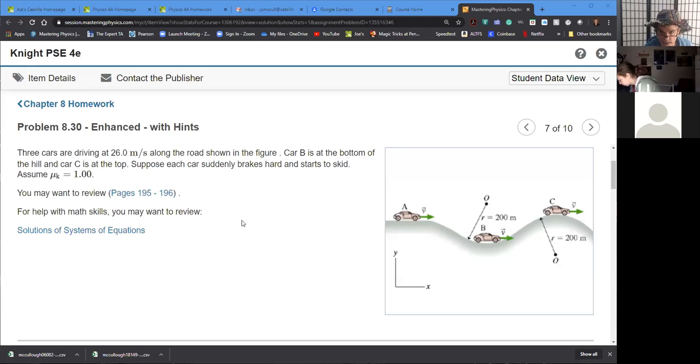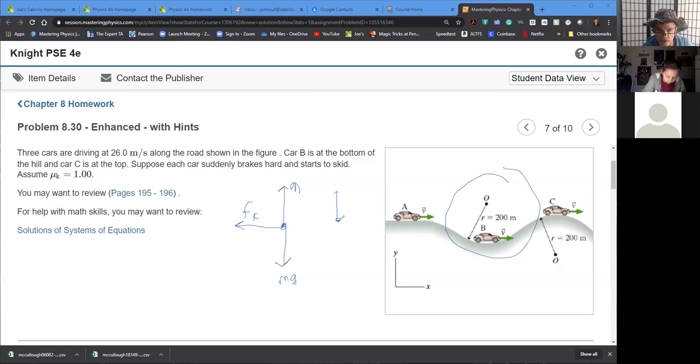So let me annotate. Let's look at the middle case, B. Again, my free body diagram is just the normal force, mg, and the force of kinetic friction. But here it's moving in a circular path, and the acceleration is always towards the center.